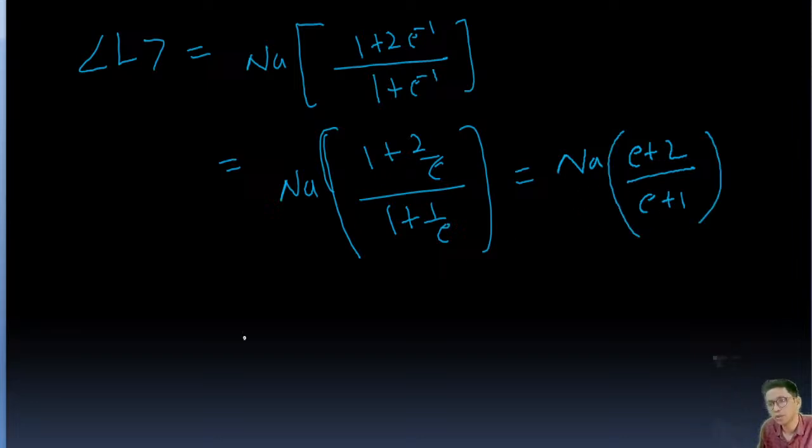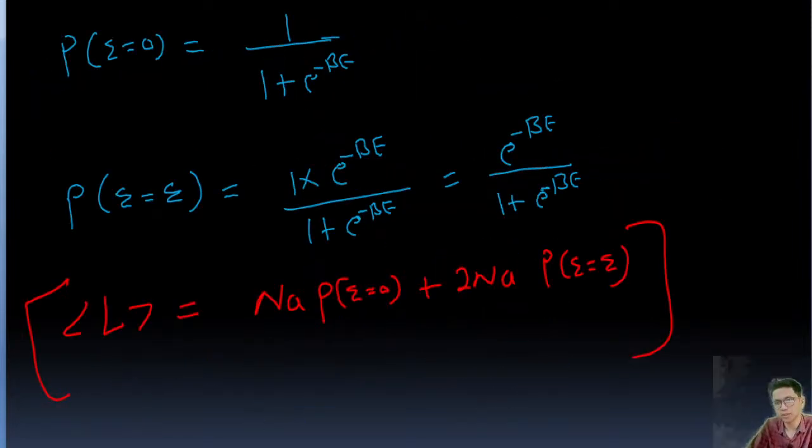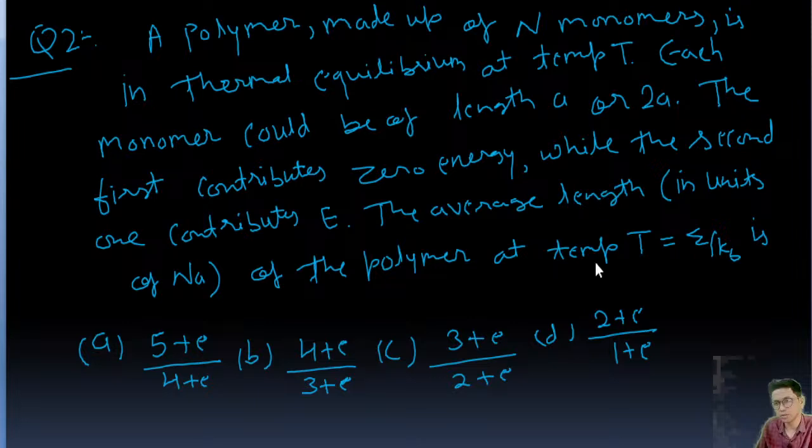So in units of NA, the L is going to be (e plus 2) upon (e plus 1). So which option is matching, guys? Option D is the correct option. So this is option D, guys. Okay, this is the correct option.